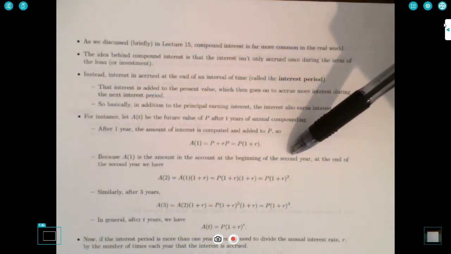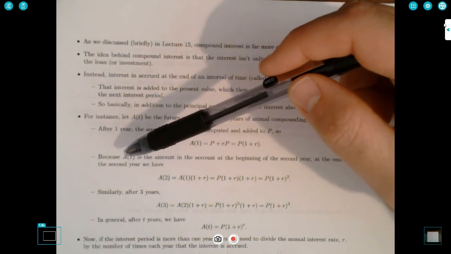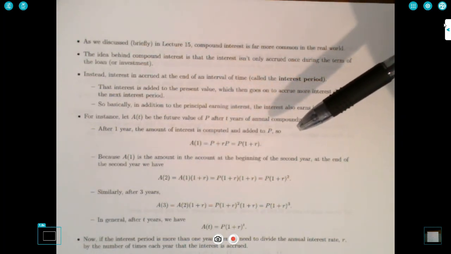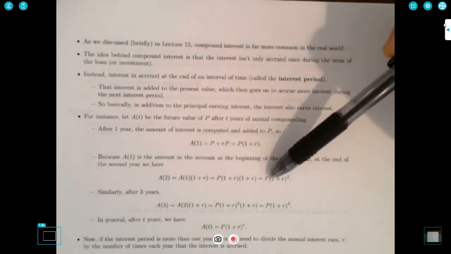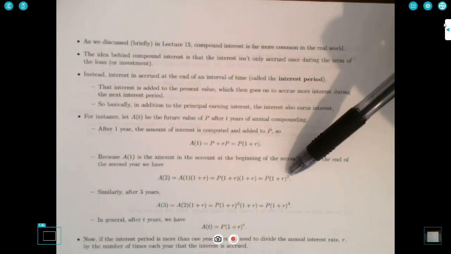Now A of 1 is the amount in the account at the beginning of the second year. So at the end of the second year, we have A of 2 equals A of 1 times 1 plus R. A of 1 was P times 1 plus R, so it's P times 1 plus R times 1 plus R. That's P times 1 plus R squared.